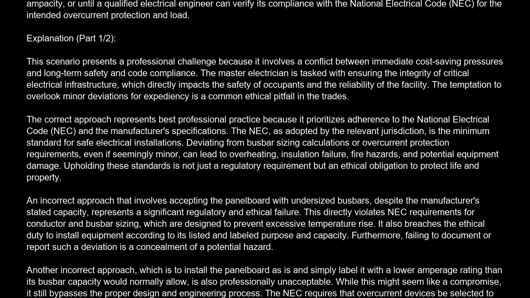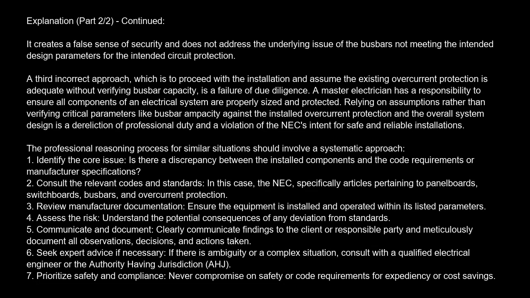Simply derating the perceived capacity without proper engineering justification or adherence to code-specified methods for busbar sizing and overcurrent protection is a form of circumventing safety standards. It creates a false sense of security and does not address the underlying issue of the busbars not meeting the intended design parameters for the intended circuit protection.